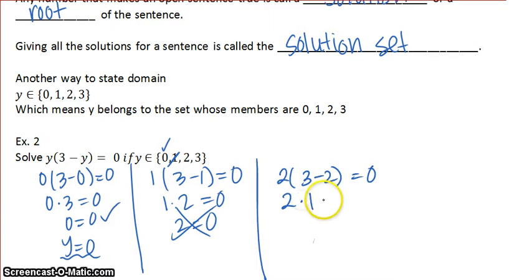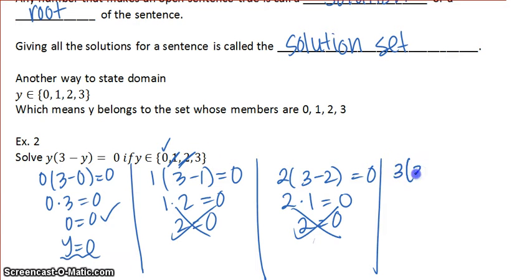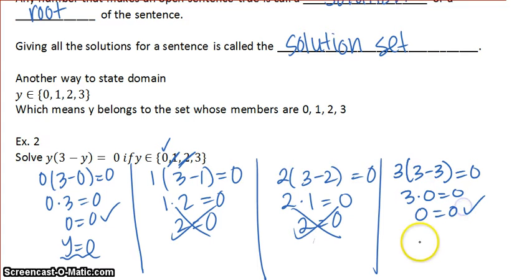So 2 times 1 equals 0, so 2 equals 0, and that's not true, so that doesn't work. And we have 3, so 3 times 3 minus 3 equals 0. 3 times 0 equals 0, and 0 does equal 0, so y equals 3 works as well.